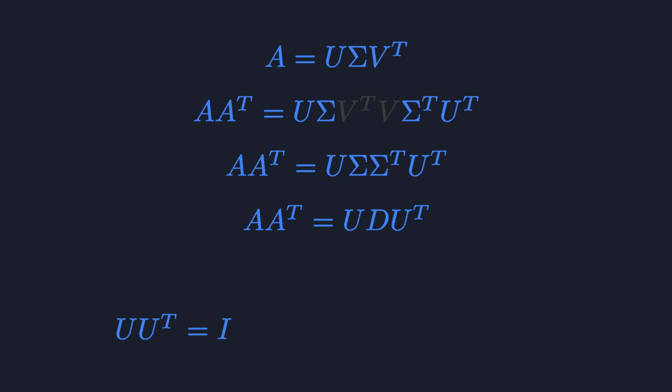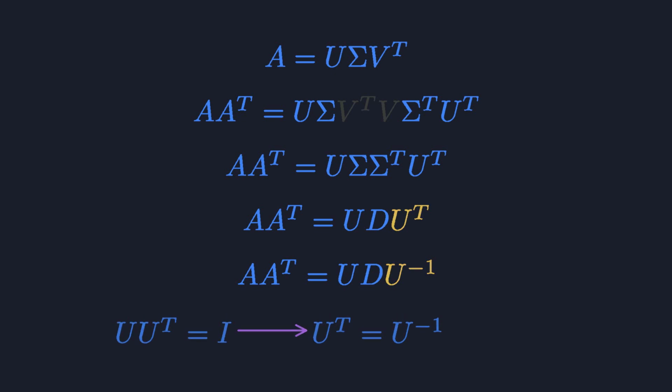But we can rewrite this slightly by multiplying both sides with the inverse of U. This shows that for any orthogonal matrix, its inverse is actually just its transpose. And so we can write this transpose over here as the inverse of U. This is our final result.